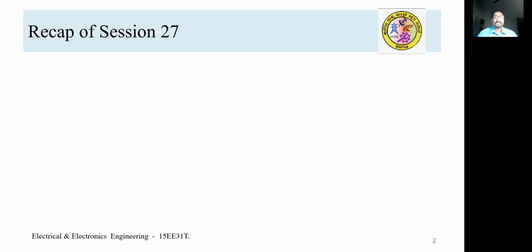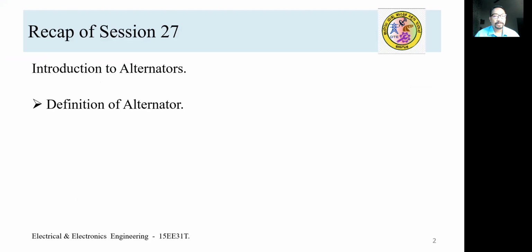Before going to session number 28, let us try to recall what we have learned in the previous session, that is session number 27. In session number 27, we learned about the introduction to alternators of the same Unit 4.